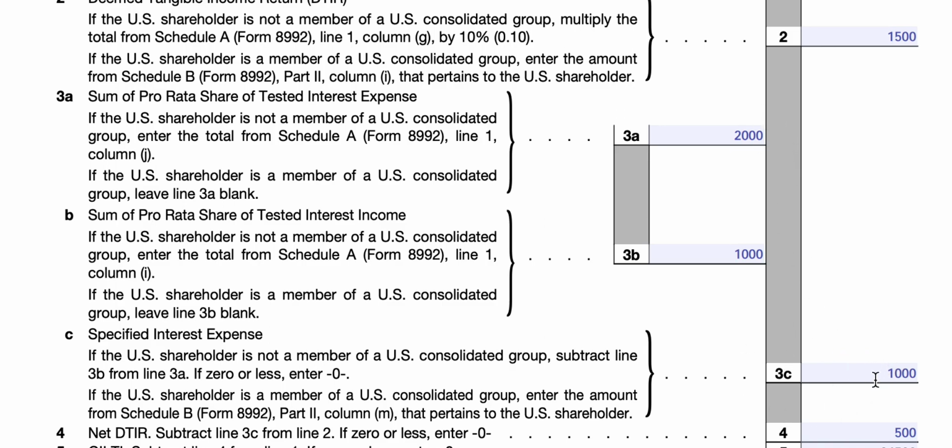So since the shareholder is not a member of the consolidated group, we're going to simply subtract line 3B from line 3A. We've got $1,000. If the shareholder was a part of the consolidated group, then you would grab the number from Schedule B, Part 2, column M, specific to that shareholder.